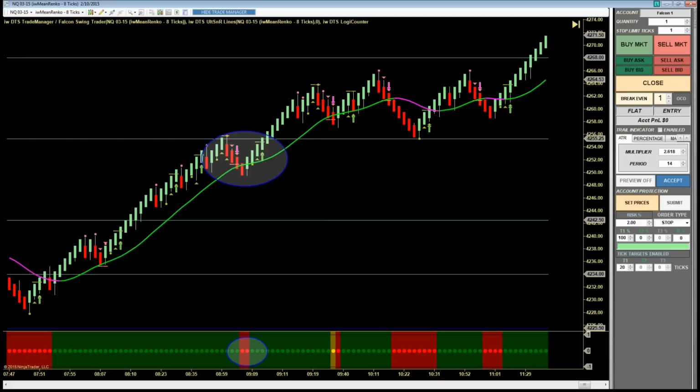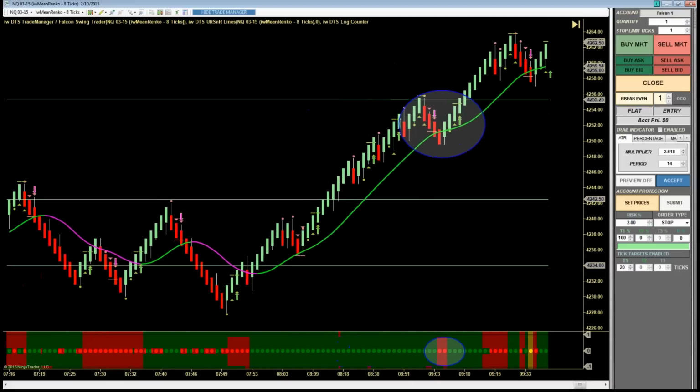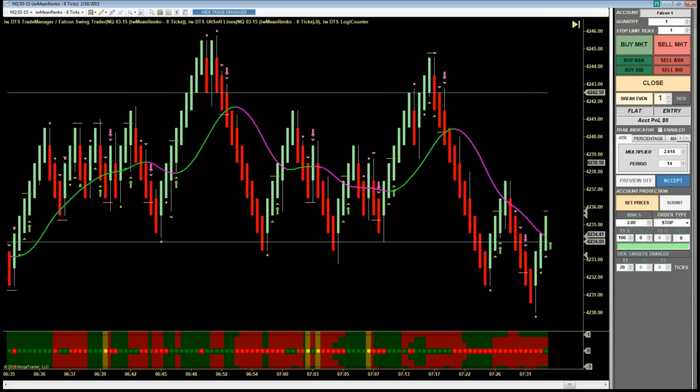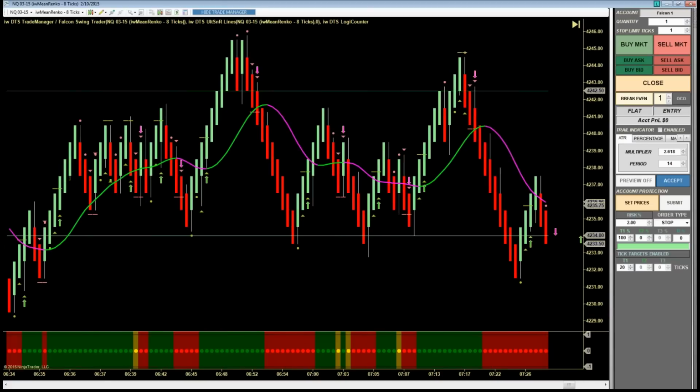And the late filter entry signal occurs when the filter changes color, but the trend line does not. So again, pretty easy to identify. Very high probability signal. Here's our trend change signal down here. So you can see that one was also profitable.